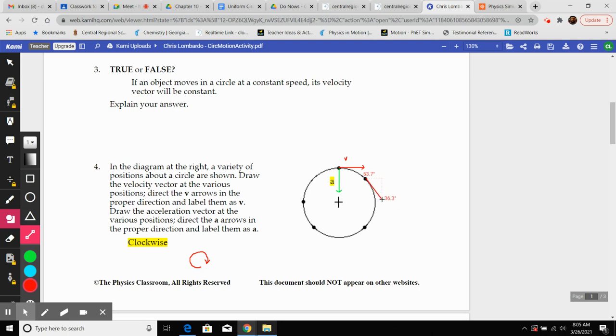Not making it too big. It's probably about there. It looks solid. So we're drawing our velocity vector there. So we have velocity again. I'm just going to continue on and make the velocities here.